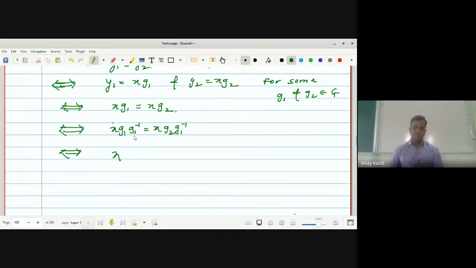This is g1 into g1 inverse is equal to e. That is x into e is equal to x. That is x is equal to x g2 g1 inverse. Okay, and this g2 into g1 inverse, g1 and g2 belongs to g. That means the product of these two elements also belongs to g. Okay, that implies नीट लक्ष द्या काय सांग.